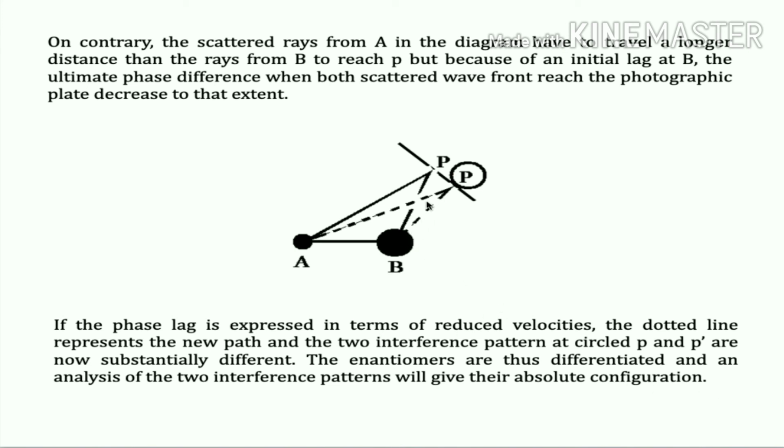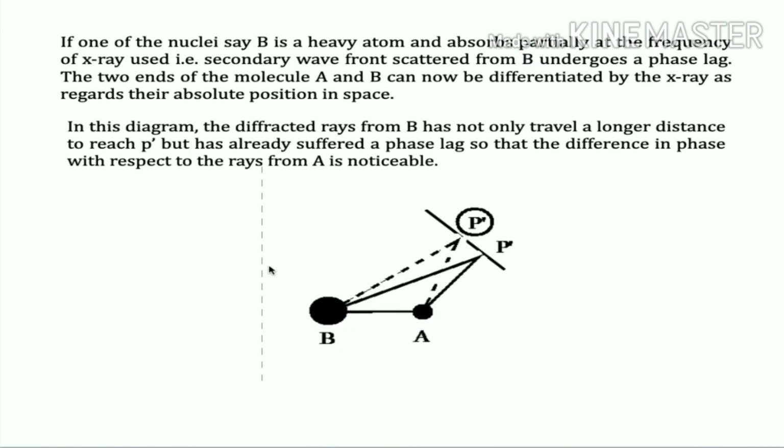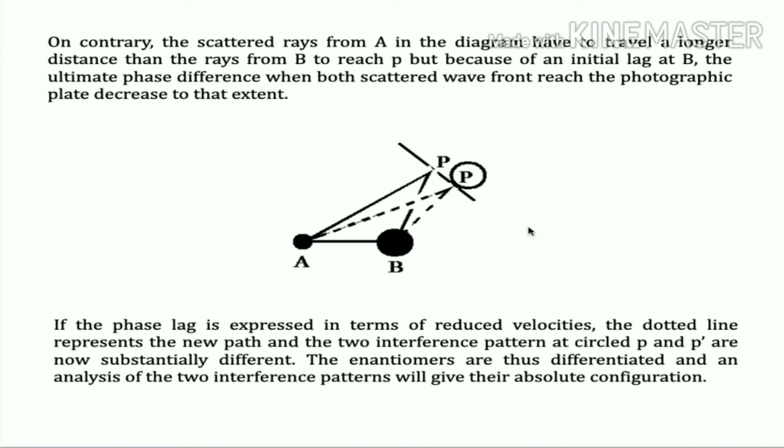So whatever this dotted line in the diagram indicates, the phase lag has been expressed in terms of reduced velocities. From these, enantiomers are differentiated, and analysis of this interference pattern, P and P dash, will give their absolute configuration.